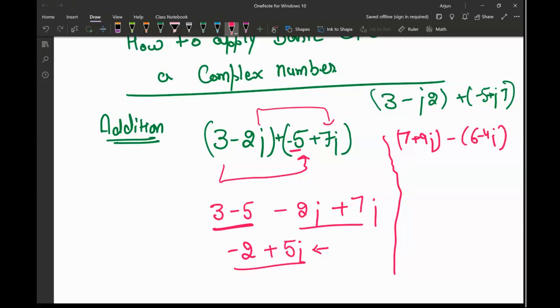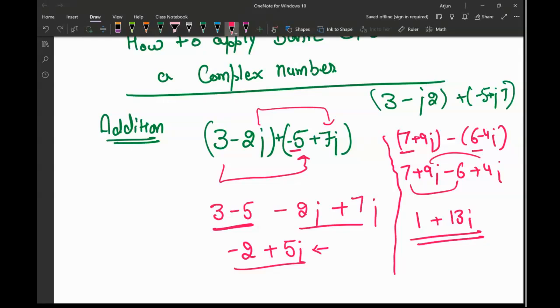So I'm going to take the real parts together. I'll open the bracket, 7 plus 9j, minus 6 plus 4j. So 7 minus 6 is 1, plus 9j plus 4j, this will be plus 13j. That will be the answer to this question.